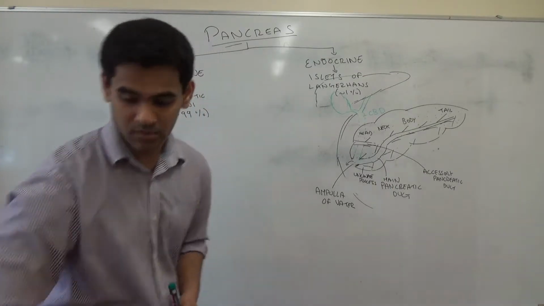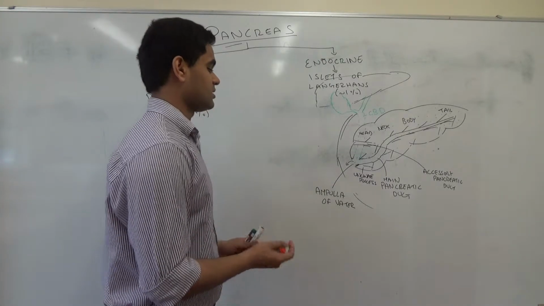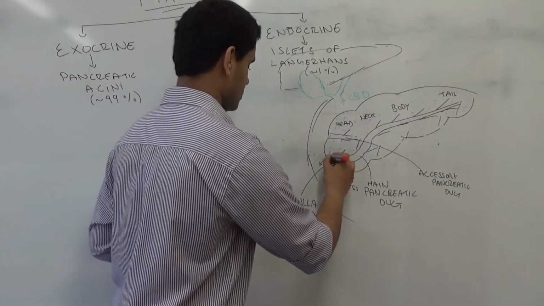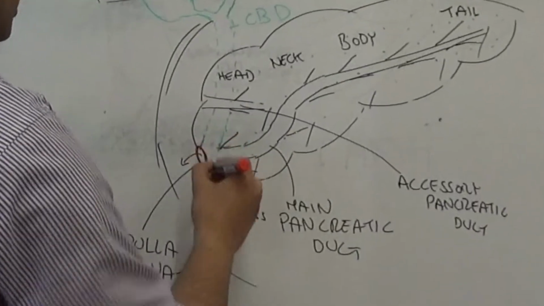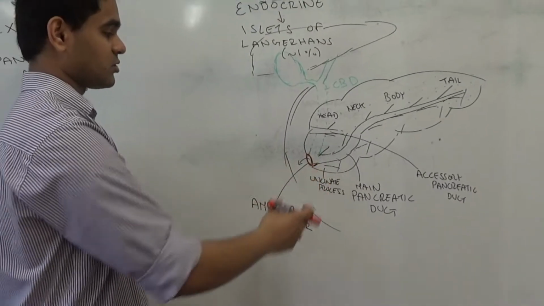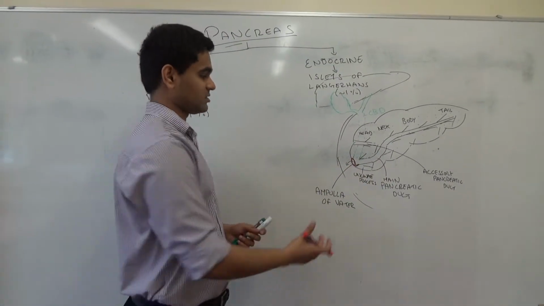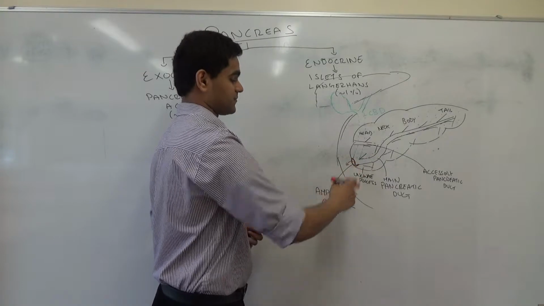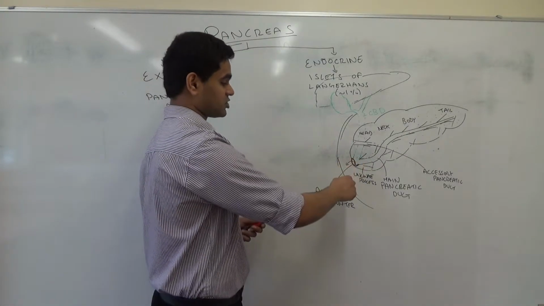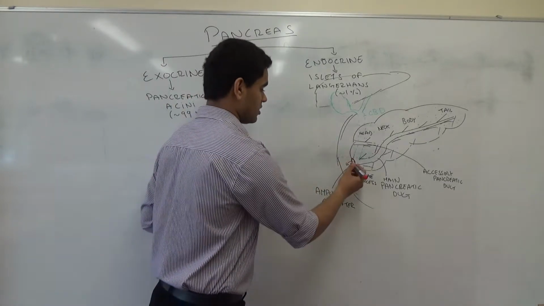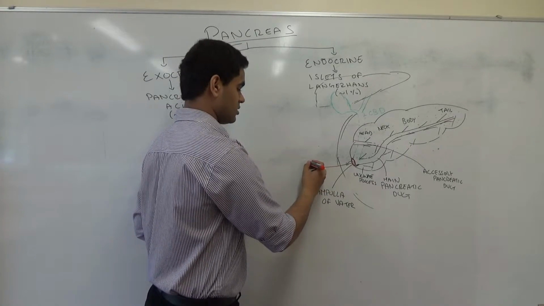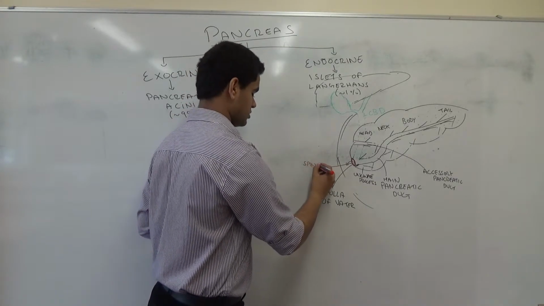Now, another small detail that might help you to know is that around this opening of the ampulla of Vater is a smooth muscle. And this ring of smooth muscle, when it relaxes and opens, allows secretions to empty out. Okay. And this ring of smooth muscle that controls the exit of these secretions into the duodenum is called the sphincter of Oddi.